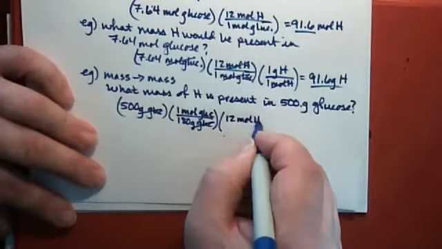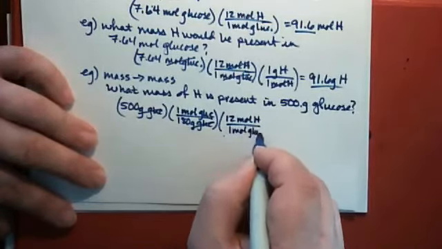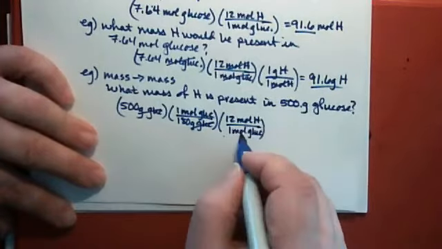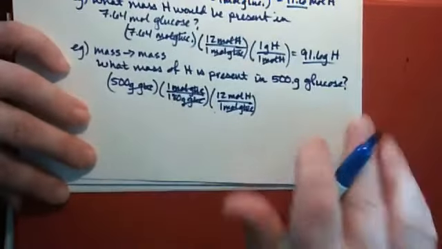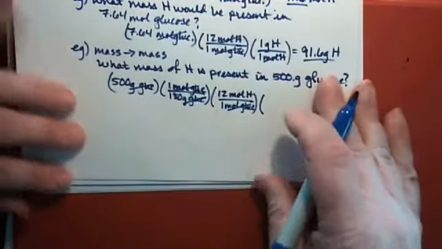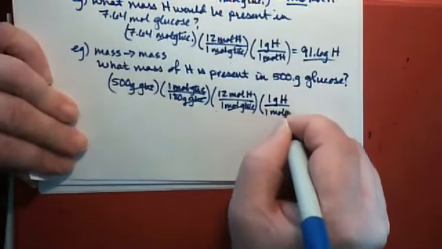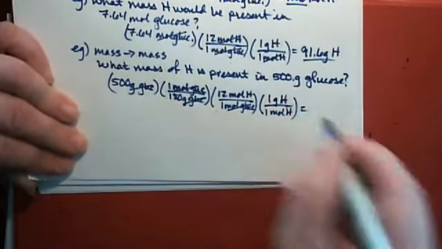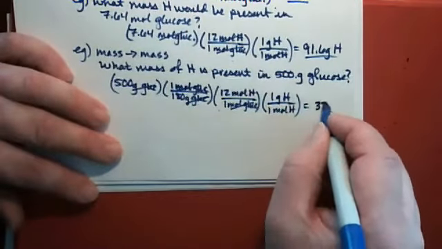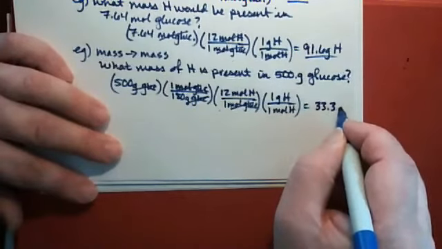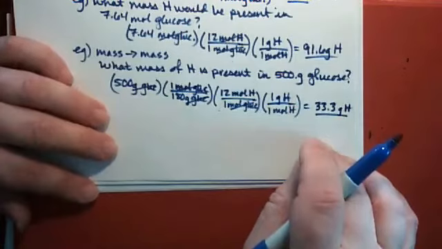We want moles of hydrogen. And there are 12 moles of hydrogen for every 1 mole of glucose. But we actually don't even want that. We want mass of hydrogen. There's 1 gram of hydrogen for every mole of hydrogen. And that comes out to 33.3 grams of hydrogen.